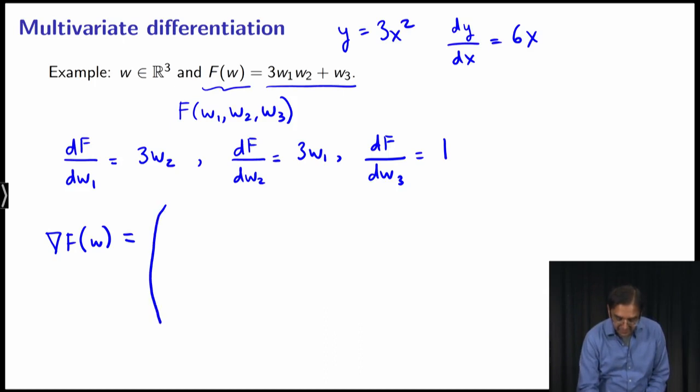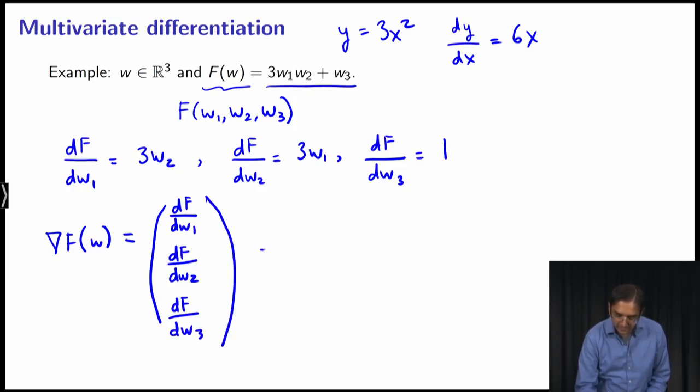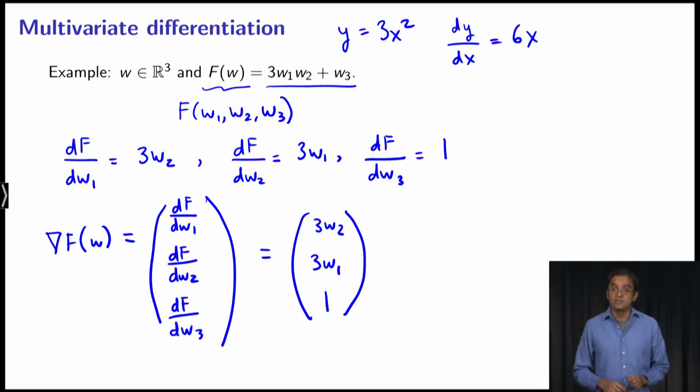Okay, so it's a vector where we start by taking the derivative with respect to the first variable, then the derivative with respect to the second variable, and finally the derivative with respect to the third variable. So it's the vector 3w2, 3w1, and 1. It's a three-dimensional vector. That's the derivative of f at any value w.